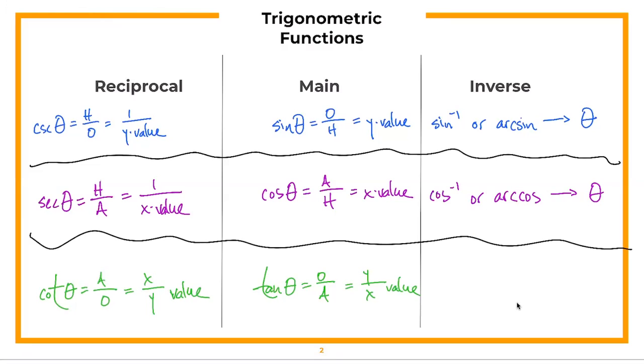The inverse function for tangent is inverse tan or arctan. And when we use that, our answer is going to be an angle. Okay? So I know there's so many different names and it gets really hard to remember what's what, but hopefully this chart will help us remember that a little bit better.